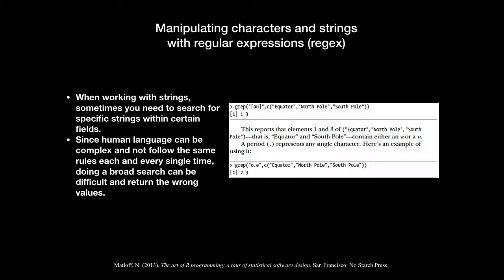This reports that elements 1 and 3 of equator, North Pole and South Pole, that is equator and South Pole, contain either an A or a U. A period here represents any single character. Here's another example of doing it another way. You can use grep with O, period, E in quotation marks to look within the same vector, and you're going to see the elements that match O and E.